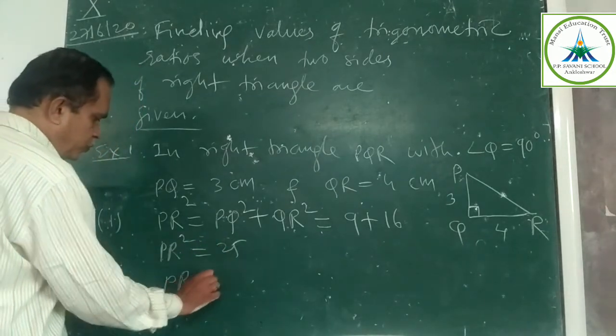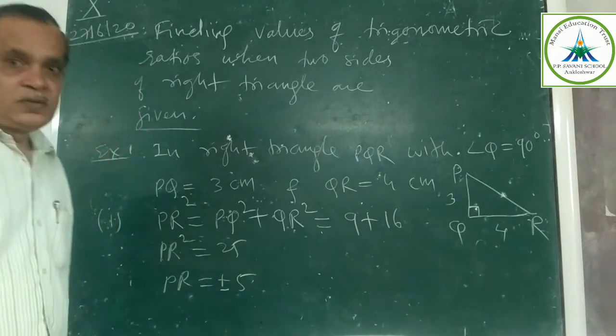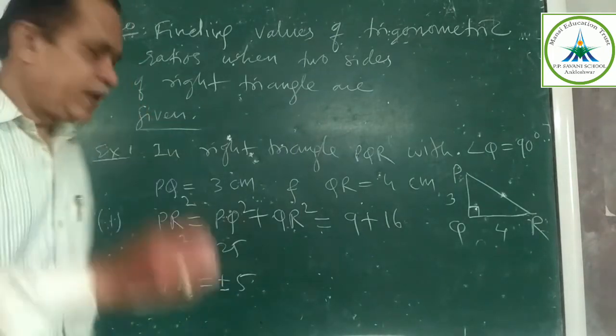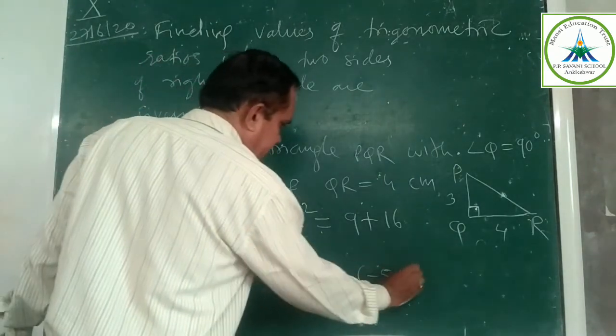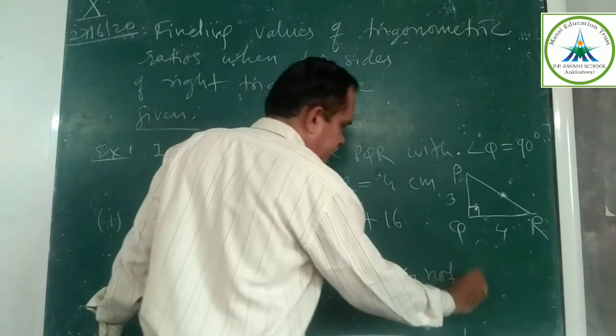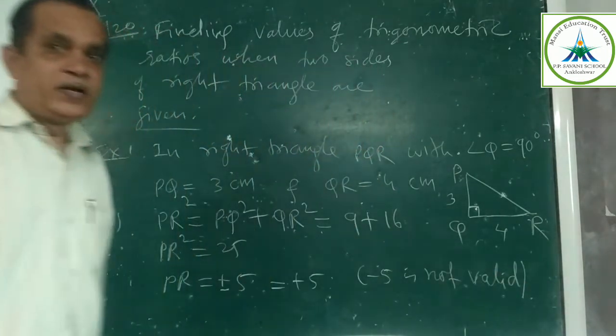So PR equal to plus minus 5. But it is a side. Side is never negative. Okay. That is equal to plus 5. Minus 5 is not right.